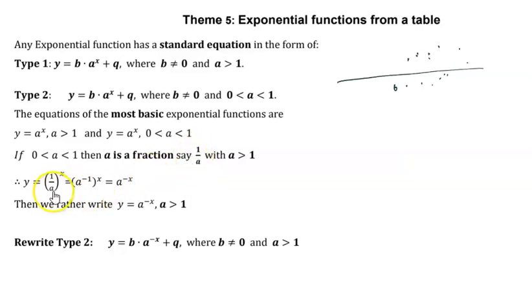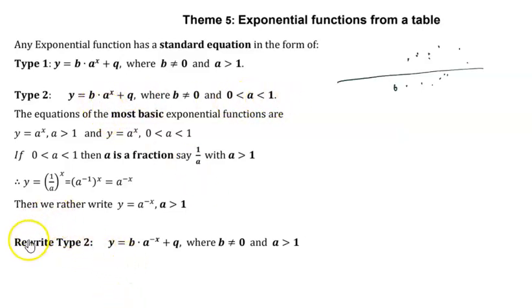And then I can just rewrite this 1 over a as a to the minus 1, and then I get a to the minus x. In this case, we can now again write a greater than 1. I prefer this form. I always write my exponential equations rather as a to the minus x, and not like this where a is a fraction.